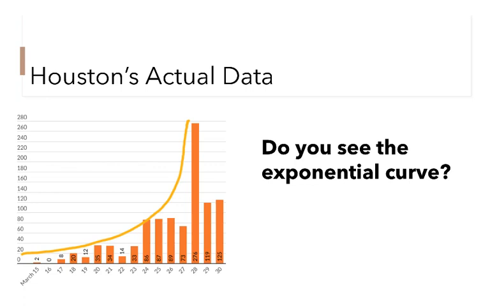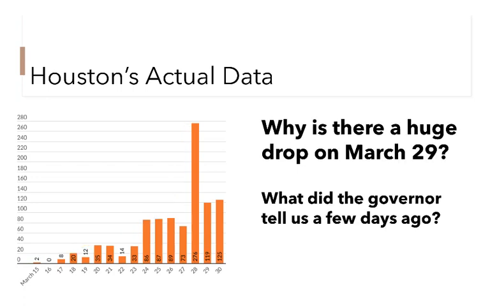That's probably because we had more tests and more hospitals available for people to get tested for COVID-19. But you can still see the curve. So we have a curve here that's getting bigger and bigger. This is called exponential growth. It grows exponentially.